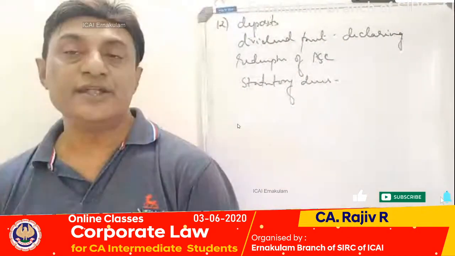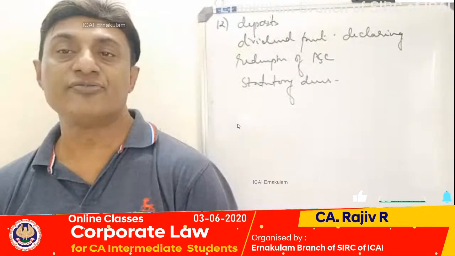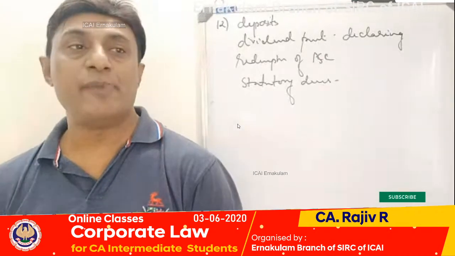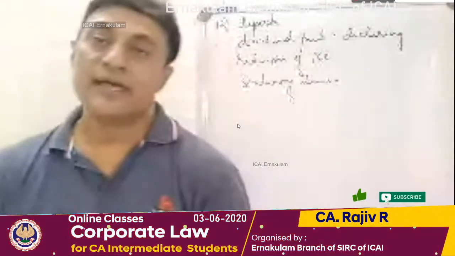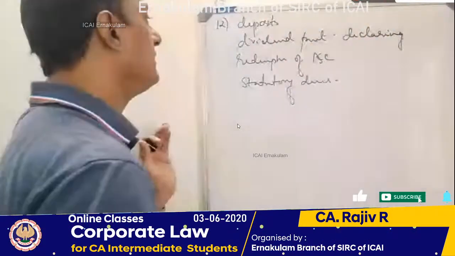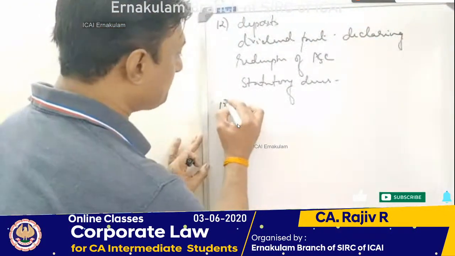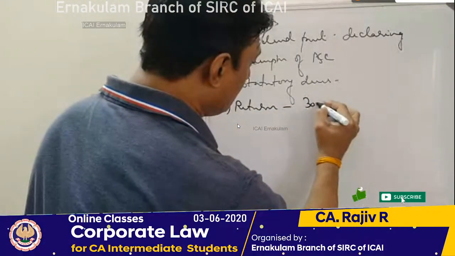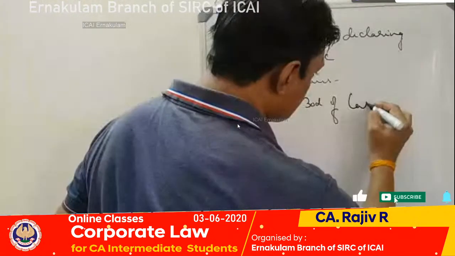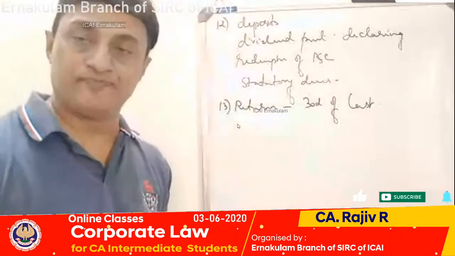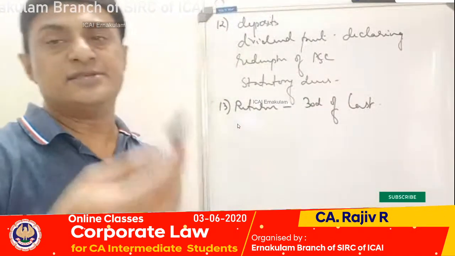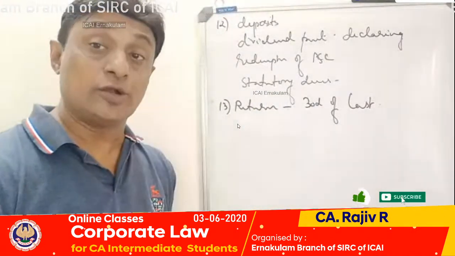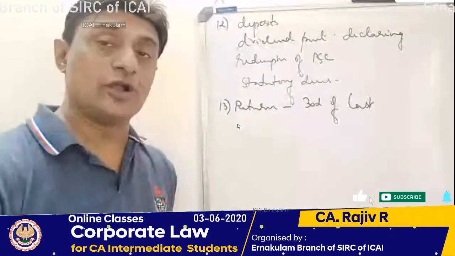Now the next condition is a routine one. After a buyback is completed, every company must file a return on buyback within 30 days. And this is something we are familiar with. We started with allotment actions, return of allotment.